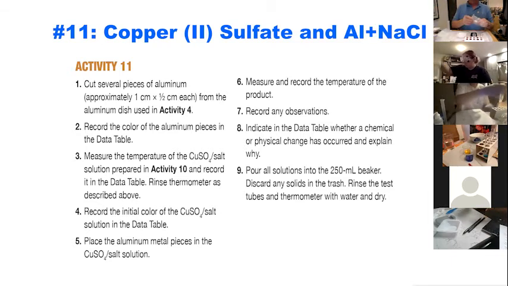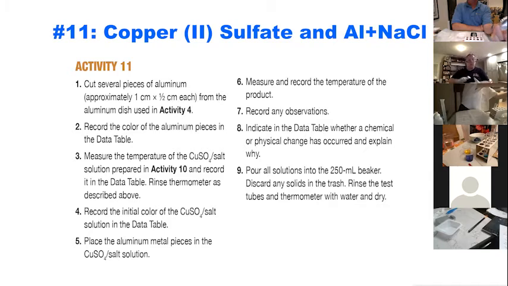All right, so going to 11. We have an aluminum dish here, but if you just have some aluminum foil at home, you can use that too. Doesn't really matter. This is a cool reaction too.